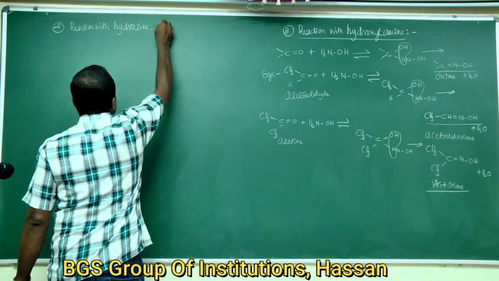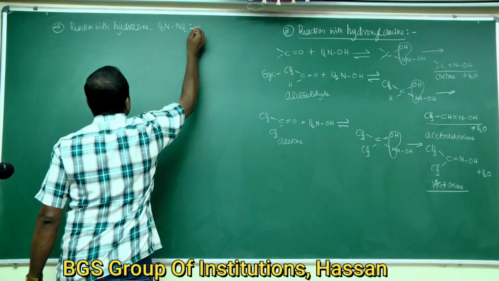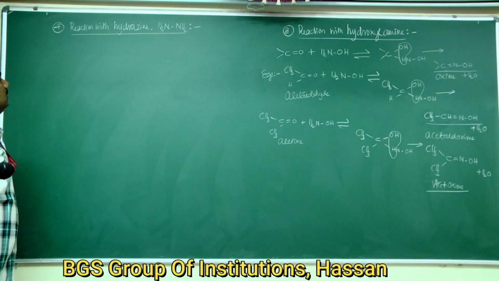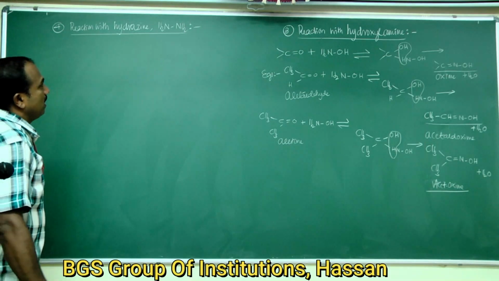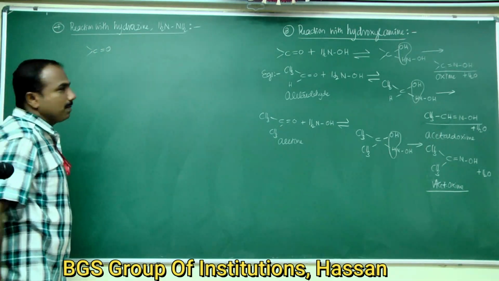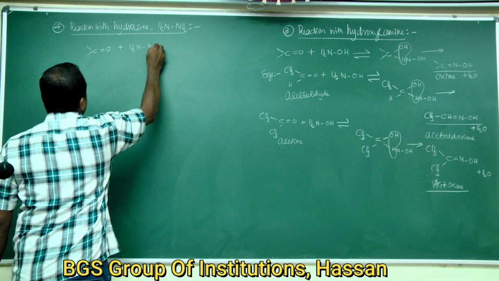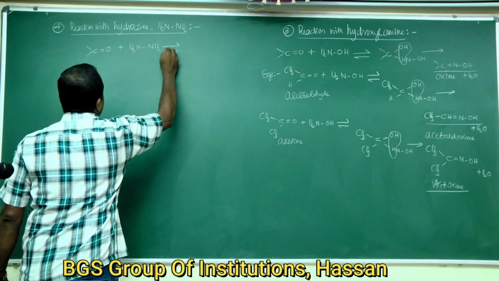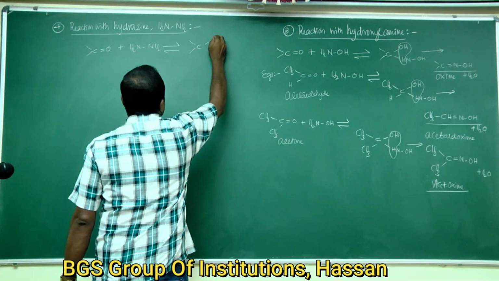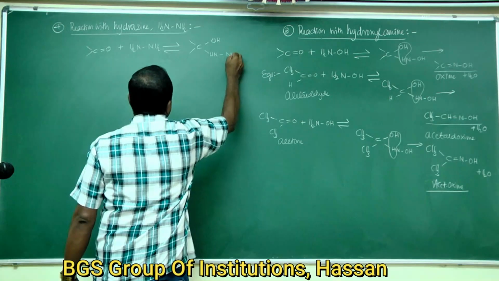Reaction with hydrazine. The formula for hydrazine is NH2 single bond NH2. Aldehydes and ketones, that is carbonyl compounds, react with hydrazine, NH2 single bond NH2, to form the intermediate C(OH) single bond NH connected to NH2.